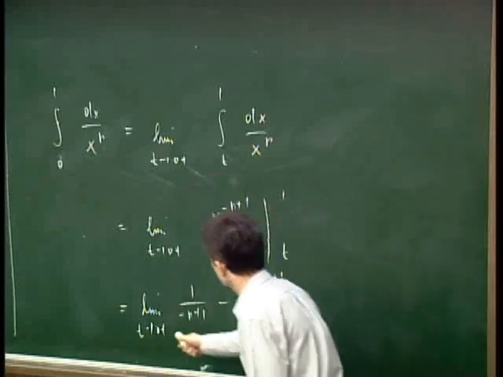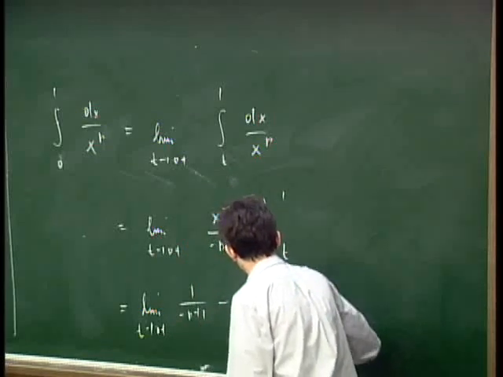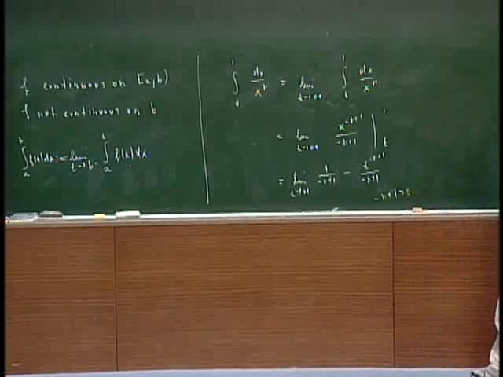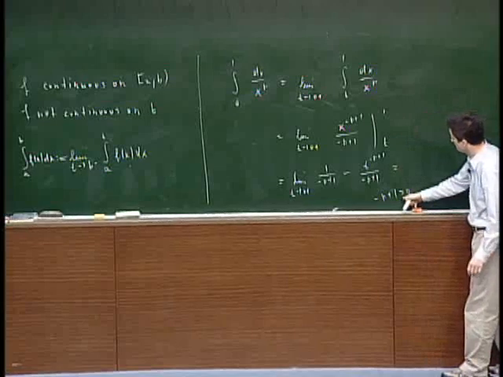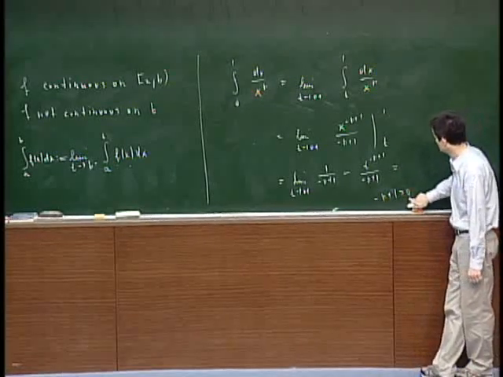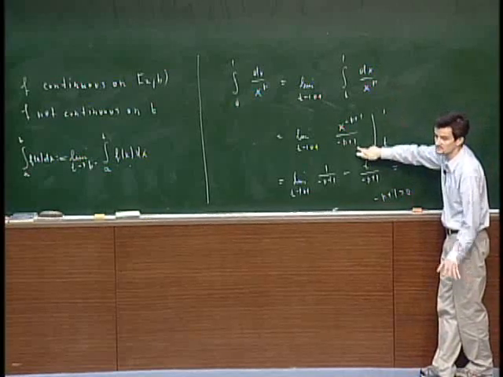Now, because we consider this limit, we have to assume that minus p plus 1 is larger than 0. There is one case where minus p plus 1 is equal to 0, namely p equal to 1, but in this case the integral is not like this. It's different.